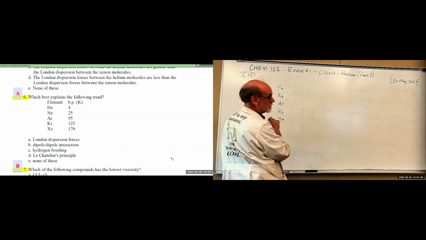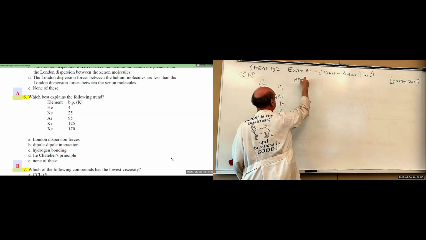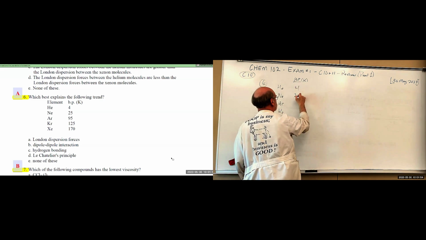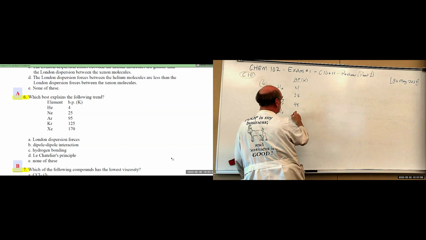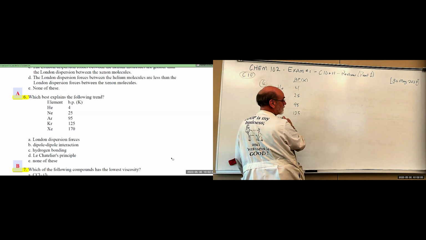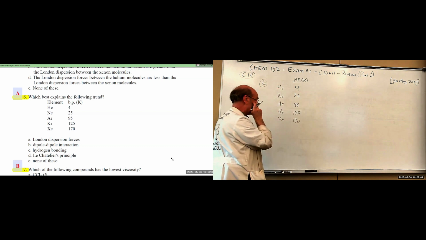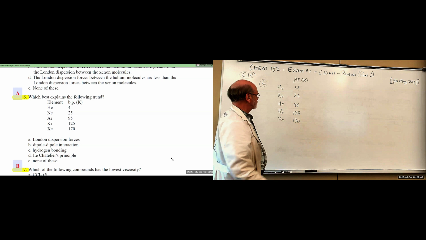And the boiling points of each one of these in Kelvin are 4, 25, 95, 125, and 170. This is K. So we haven't even gotten to room temperature yet.